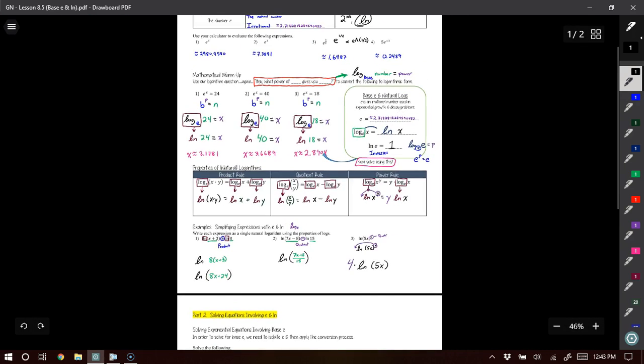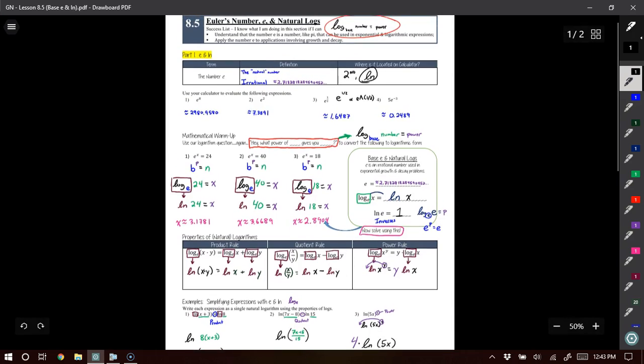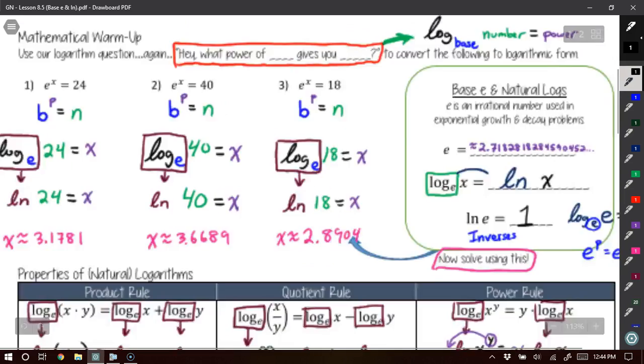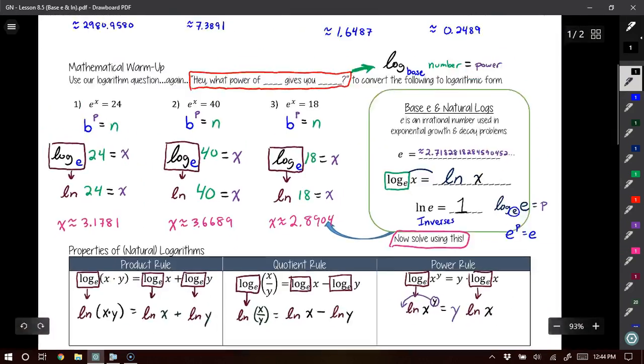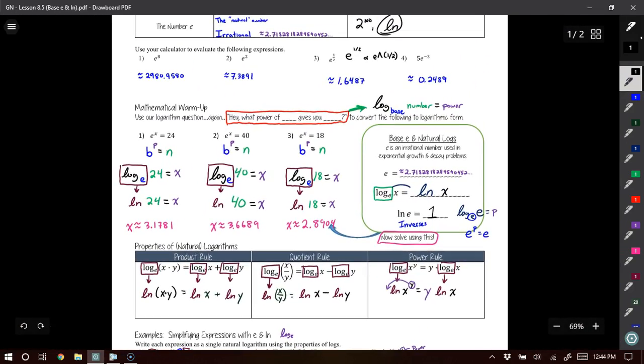So this video just deals with part 1. This video goes through lesson 8.5 part 1, which is really trying to get you to understand ln. ln is shorthand. It replaces 4 letters with 2. But the idea of converting is still your question. What power of blank gives you blank?